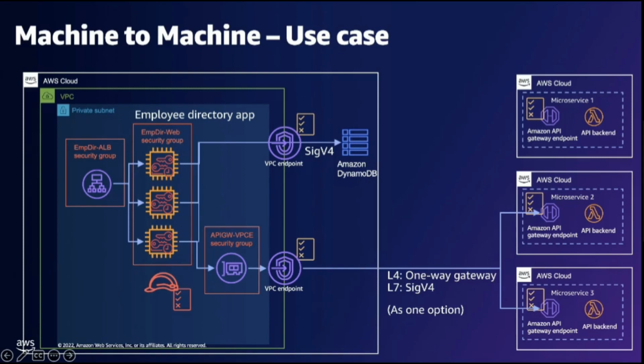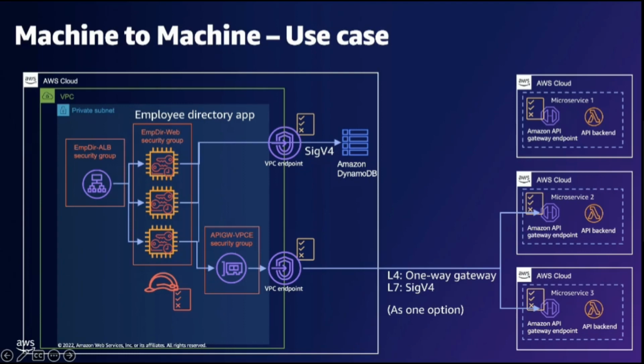Now, I probably know what you're thinking right now. What is the difference between VPC endpoint and PrivateLink? So, as mentioned, PrivateLink allows you to create a private connection between VPCs. A VPC endpoint pretty much does that, but specifically for AWS services.